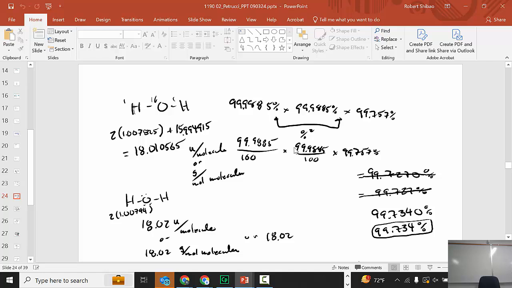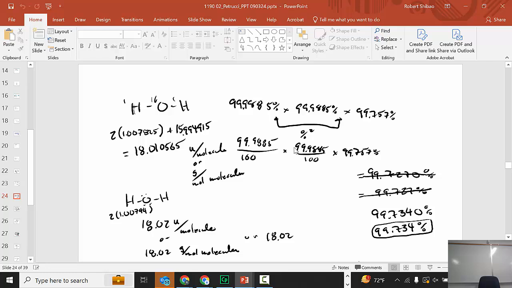And that's something worth trying because you get the correct units. If you just take the abundance of H1, which is 99.9885, and then take the abundance of this other H1, which is 99.9885, and the oxygen, which is 99.757, and add them together and divide by 3, it comes out as a percentage.